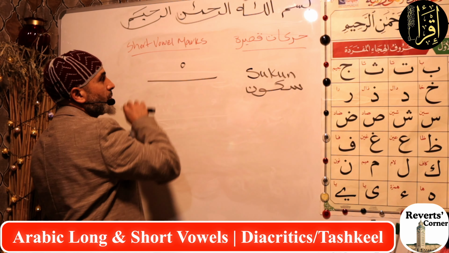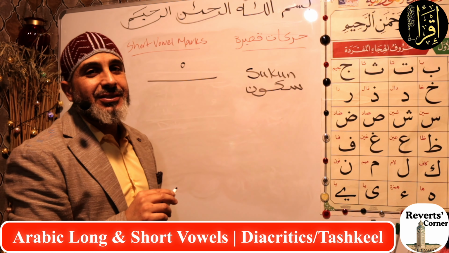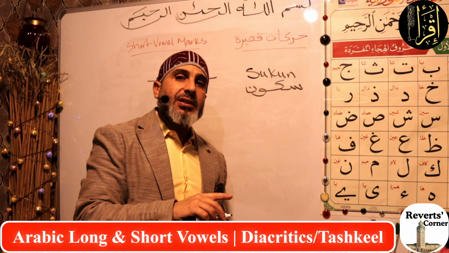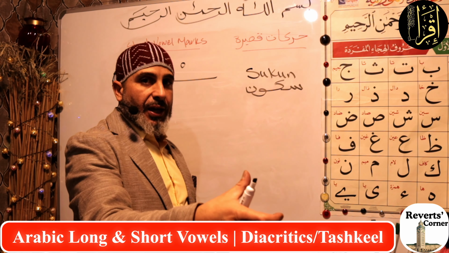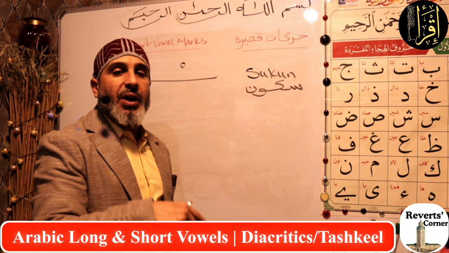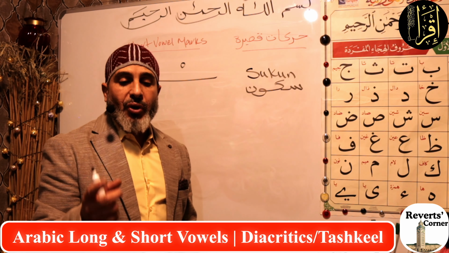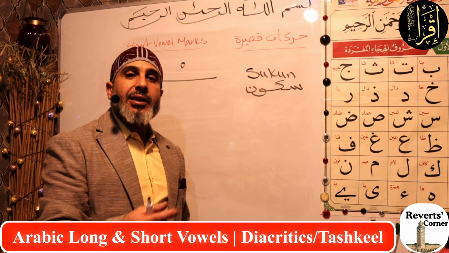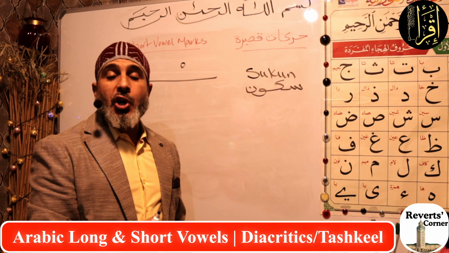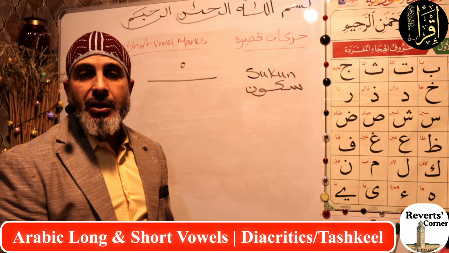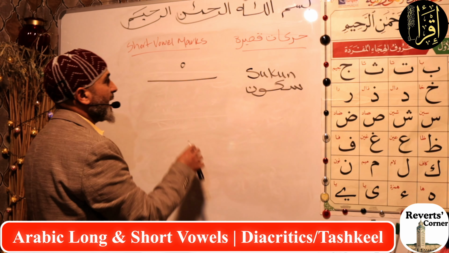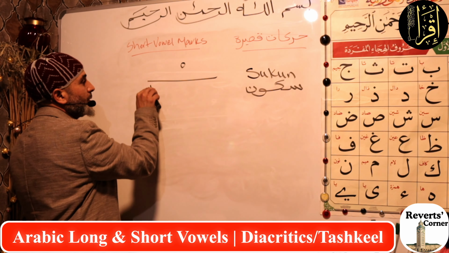Just a circle, like a small hat. It indicates that the letter to which it is attached is not followed by a vowel. It is a necessary symbol for writing consonant-vowel-consonant syllables, which are very common in the Arabic language. Like, for example, dad, when you say dad.